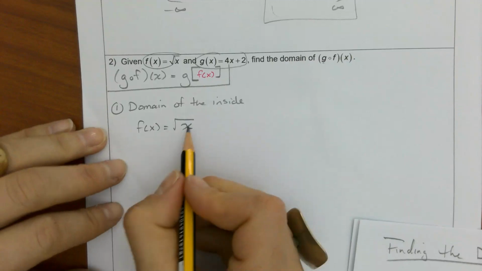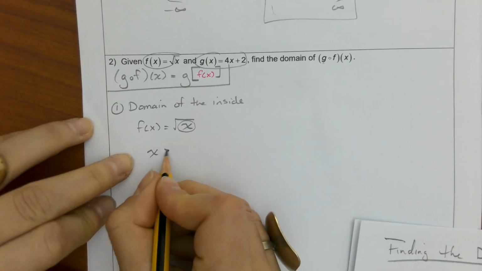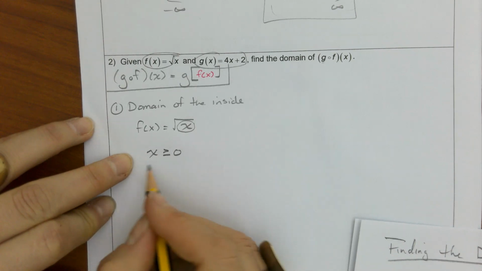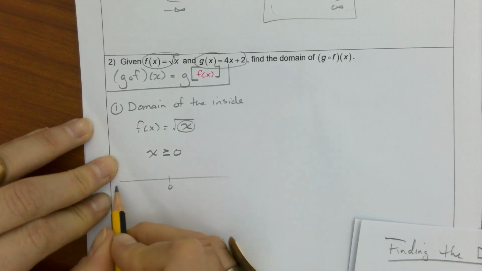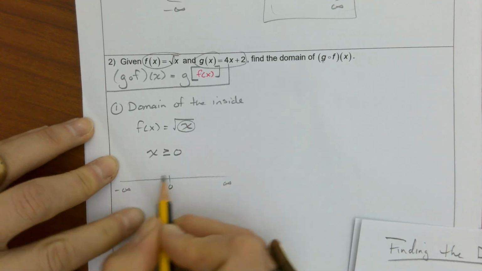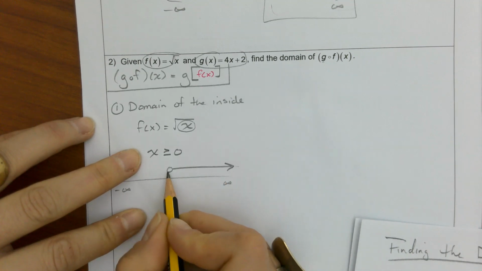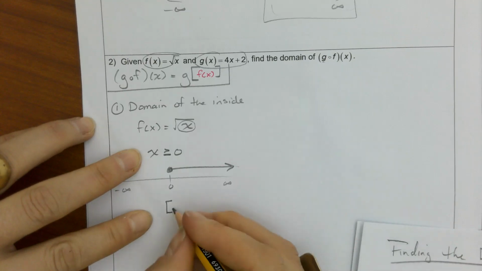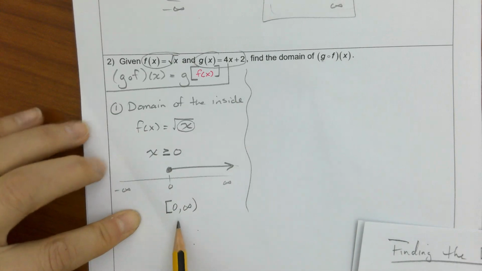So I have to take whatever's under the square root and say you have to be bigger than or equal to 0. Oh, well, it's already solved. There's nothing else to write. So here is 0, negative infinity, infinity. It says you have to be bigger than or equal to 0. It says equal, so I color that in. So that's my domain for the inside here.